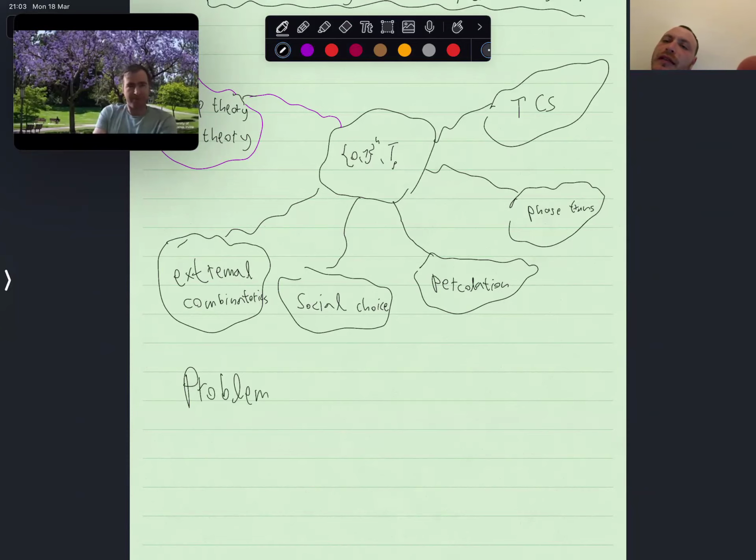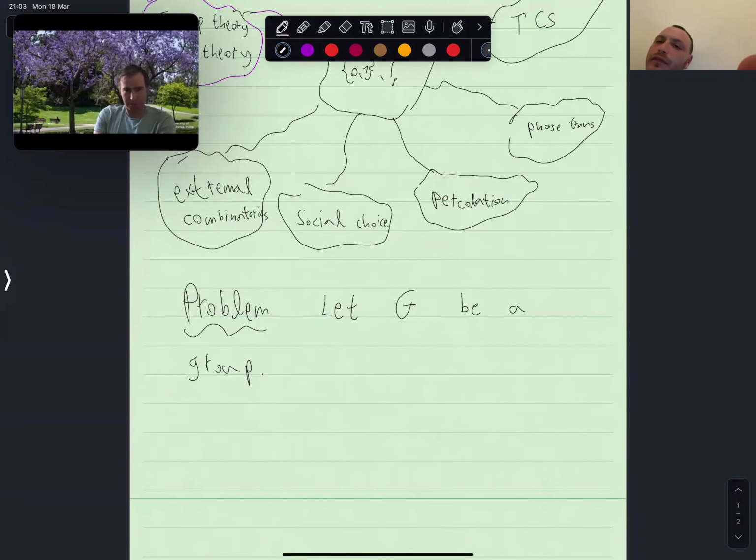So we're going to discuss a variant of the following problem. We're going to have a group G, and in our talk we will be mainly focused on compact Lie groups, such as the special unitary group. Okay, maybe before the problem, let's give a definition.